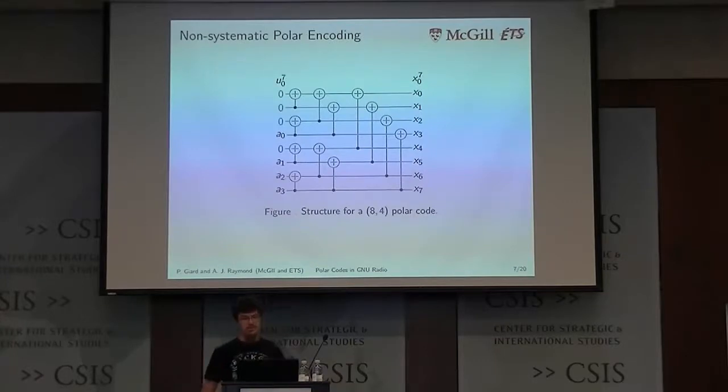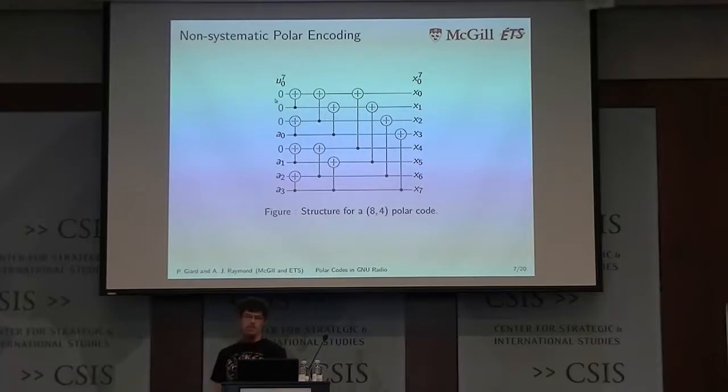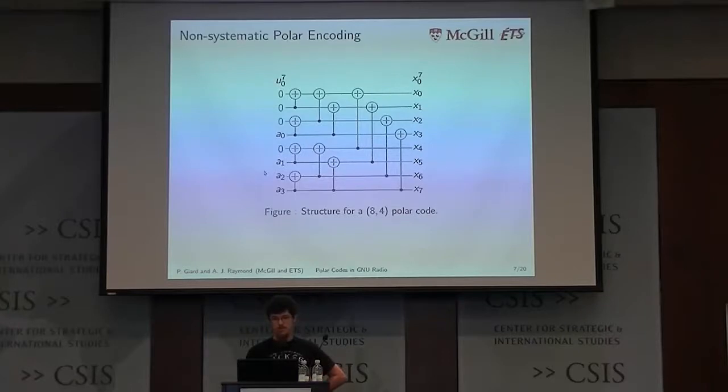If we come back to the non-systematic polar encoder that Gerard showed yesterday very quickly, how does that work? If we look at it as a graph, the encoding operation goes from left to right. On the left-hand side, we have 8 inputs, among which we feed our four information bits.